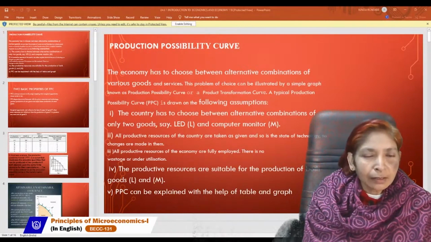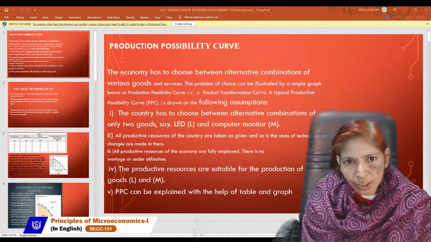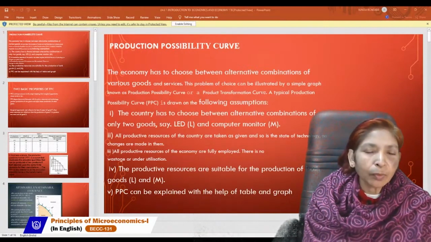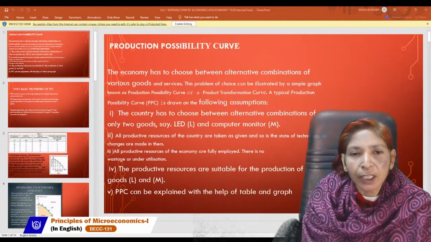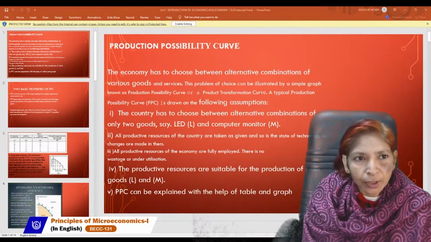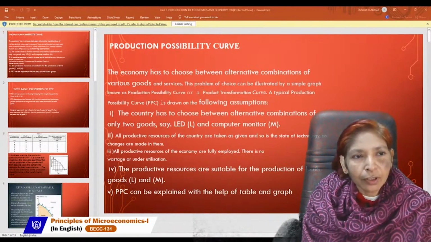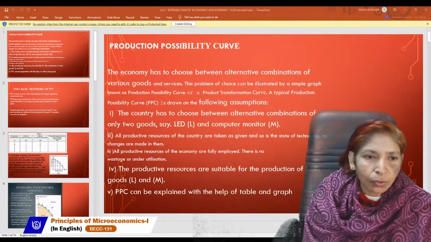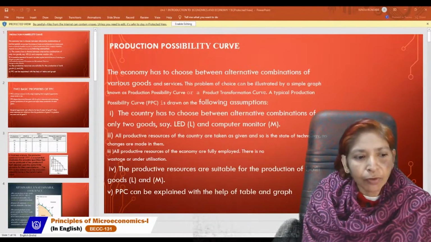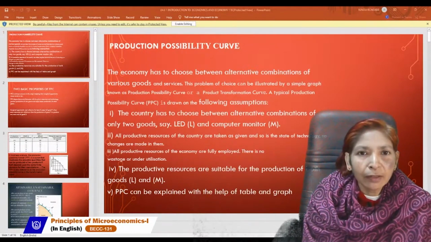If we assume that we are not producing cloth and all the factors of production are employed in the production of wheat, in this case cloth production will be 0 and the production of wheat will be 15, which is the maximum. Next, as we increase the production of cloth, like 0 to 1, 1 to 2, 2 to 3, 3 to 4, and 4 to 5, the production of wheat will definitely fall.